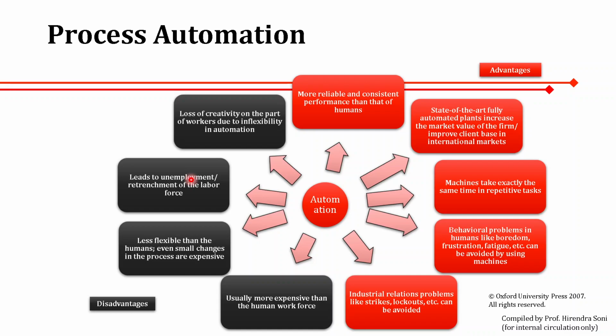Behavioral problems in humans like boredom, frustration, fatigue, etc., will not come in when we are talking about automation. Industrial relation problems like strikes, lockouts, etc., basically get eliminated. But at the same time, it comes with disadvantages: it is usually more expensive than the human workforce, less flexible as compared to humans, and there is loss of creativity on the part of workers due to inflexibility in automation.